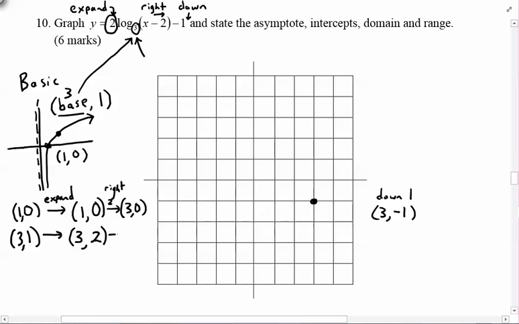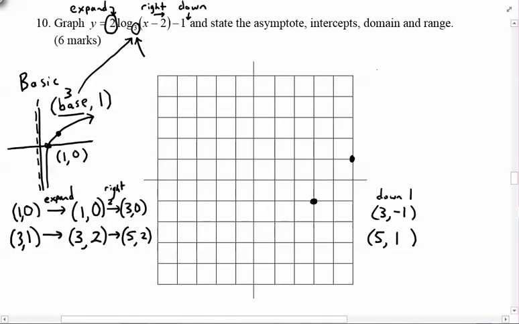Then I'm going to move it right 2 by adding 2 to the x value. Finally, I'll move it down 1 by subtracting 1 from the y value. So 2 minus 1 becomes 1. So this graph goes through the point (5, 1). So now I've moved those 2 points.